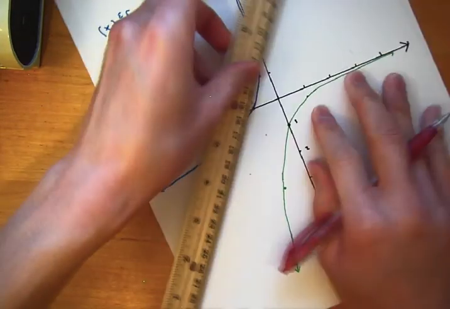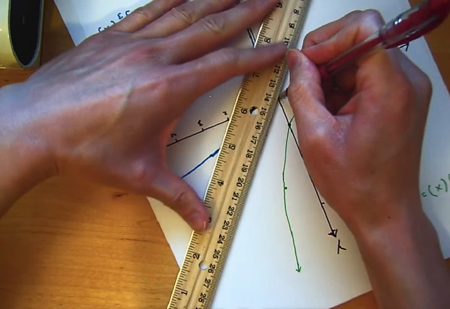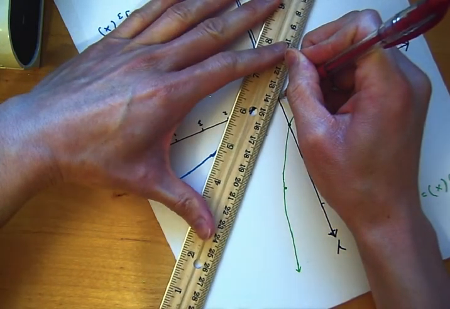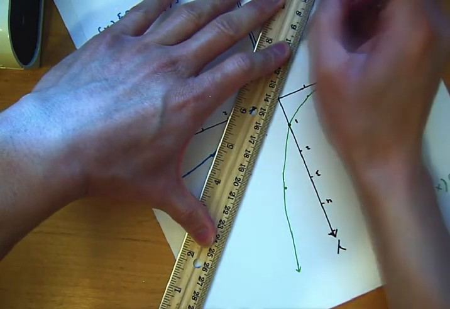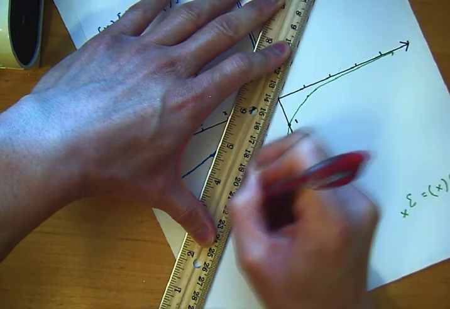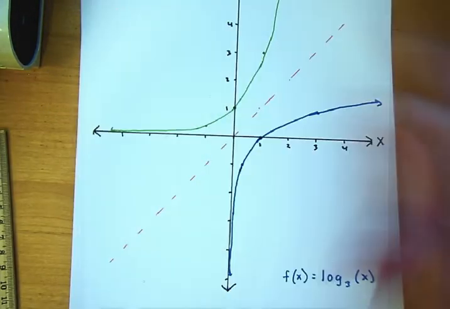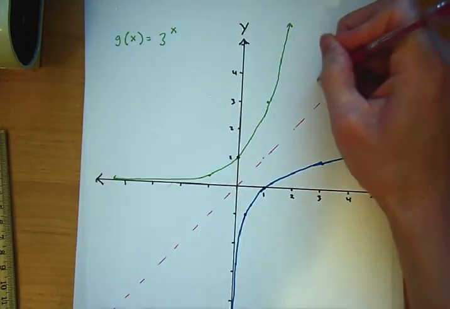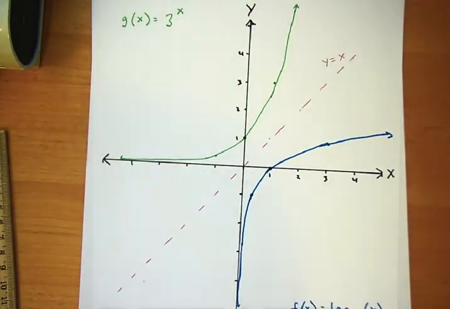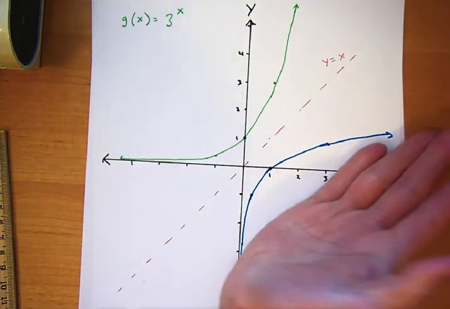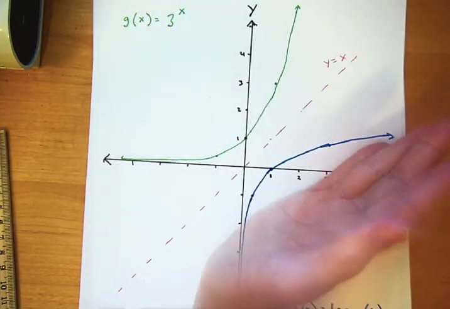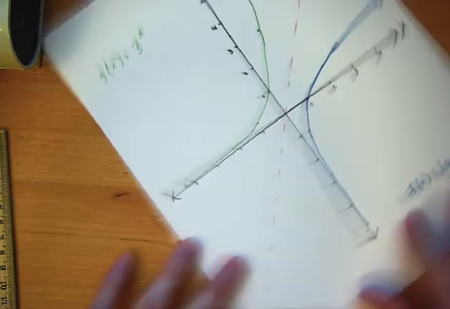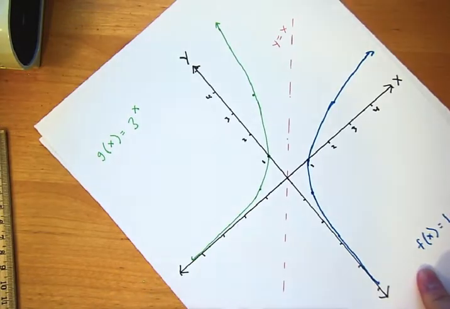If you were to draw the line y equals x, so this right here is the line y equals x. The graphs of inverses will look like reflections across the line y equals x. If I put this vertical, the left and the right should look the same.